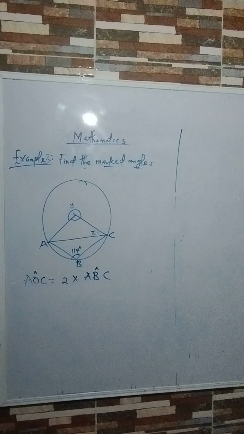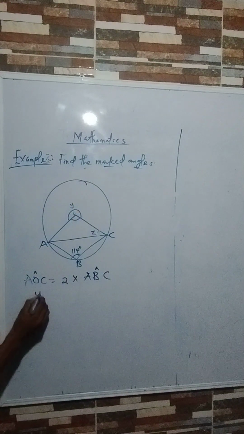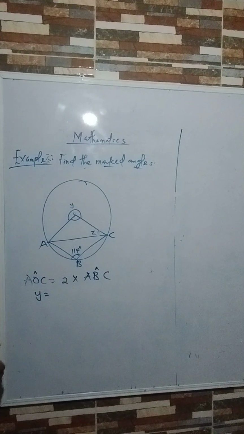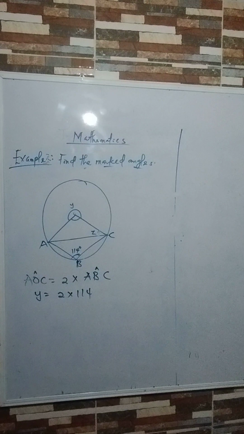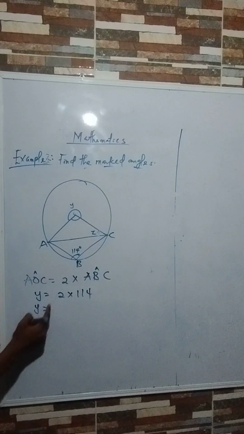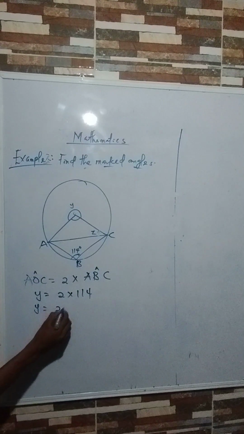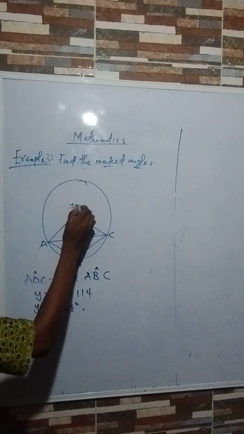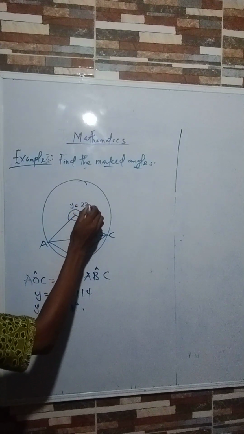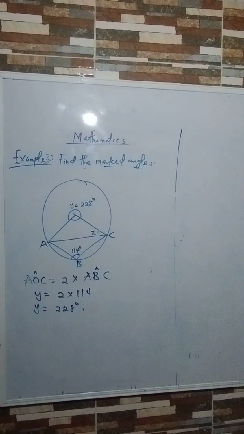So AOC is denoted with letter Y, which is equal to 2 times 114. So what is your Y? Your Y is equal to 2 times 114, which should give you 228 degrees. So this Y has become 228 degrees.